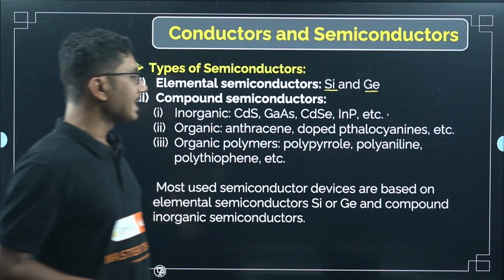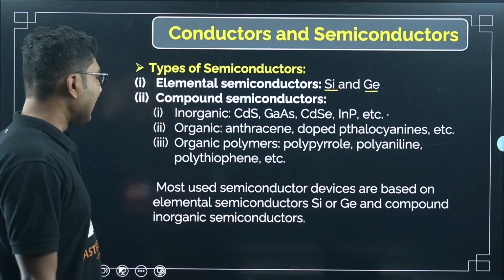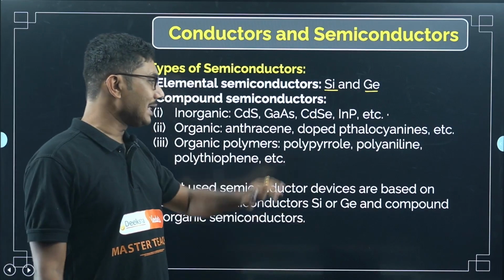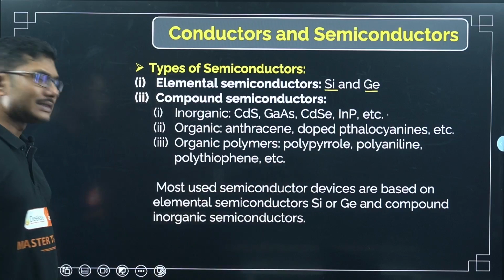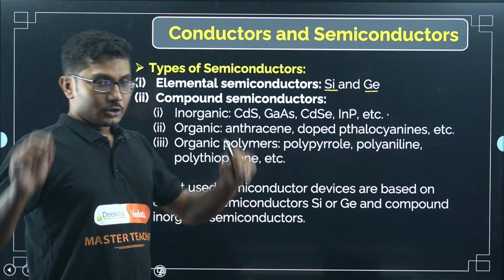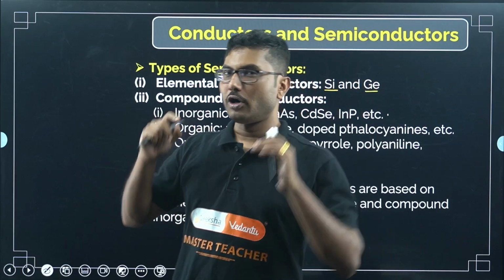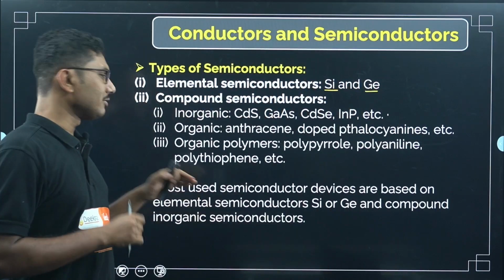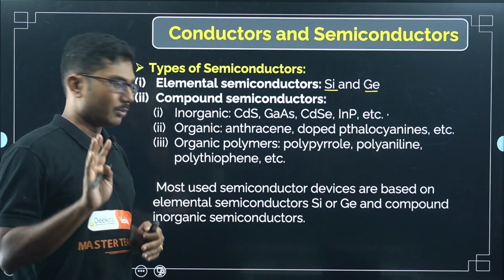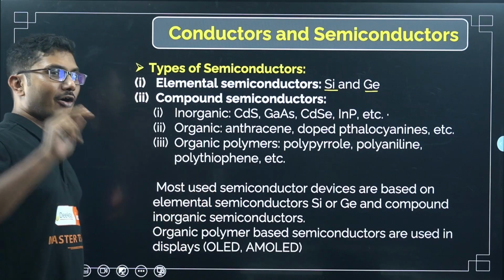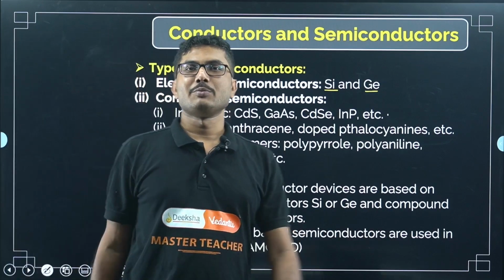Most used semiconductor devices are based on elemental semiconductors, silicon or germanium, and compound inorganic semiconductors, right. Mostly all the electronic devices we use in our day-to-day life are based on either elemental or compound semiconductors. But nowadays organic semiconductors are also becoming very popular.